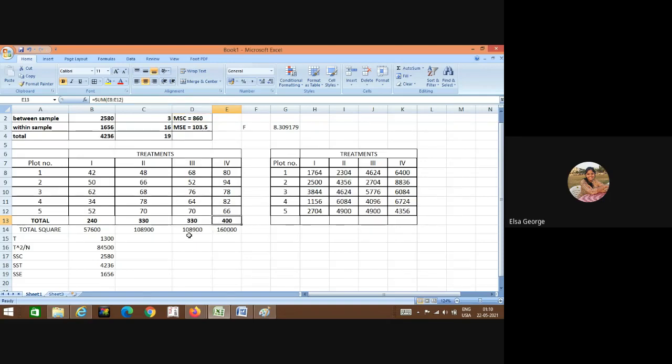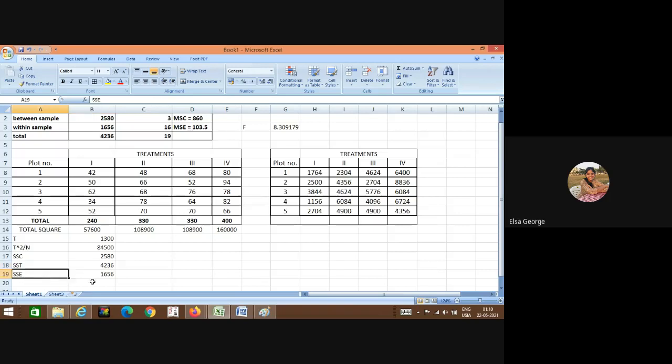For however many groups you have, you must calculate that. That is your SSC. Then you have to calculate the SST, that is the total of the squares of each and every value, minus T square by N. And for SSC also you need to deduct T square by N, and for SST also you need to deduct T square by N.